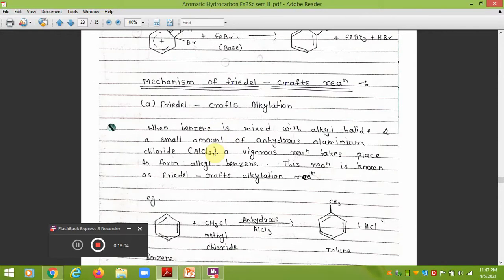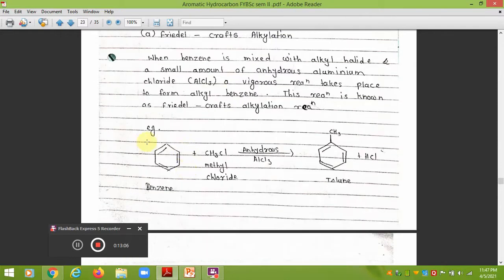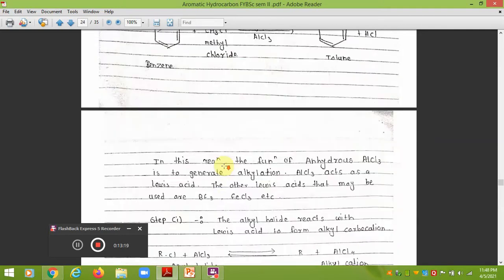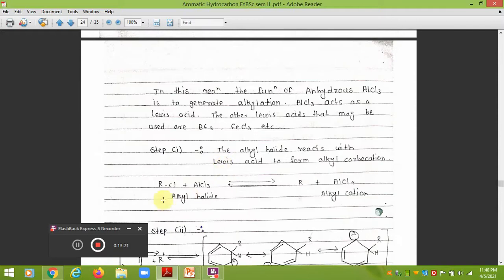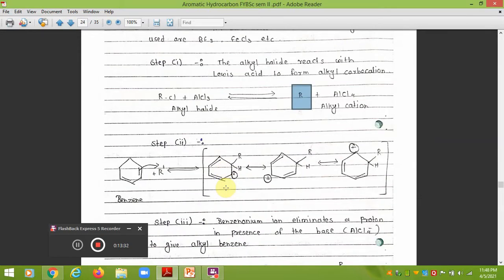Another one is the Friedel-Crafts alkylation reaction, in which one of the hydrogens of the benzene ring is replaced by an alkyl group, using anhydrous AlCl3, which behaves as the Lewis acid, and an alkyl chloride such as methyl chloride. In presence of the Lewis acid, the alkyl chloride initially reacts with it and gives the formation of an alkyl cation, which behaves as the electrophile.